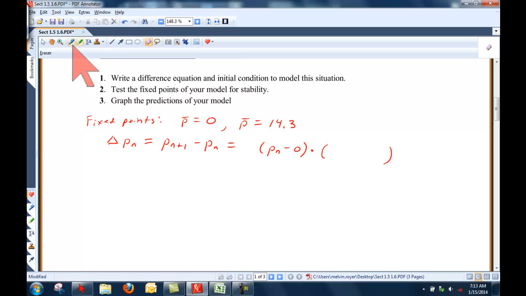The way it's usually written, in fact, is to switch the order of those terms and write it as 14.3 minus p sub n. Now if I have p equals 10, a positive factor times a positive factor is positive, and the change will be positive.